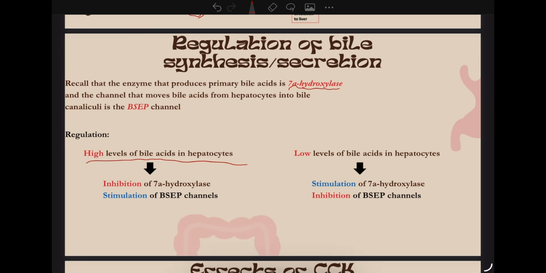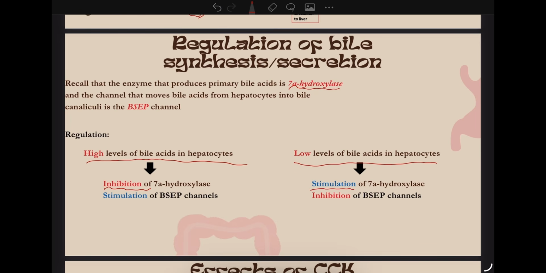By this enzyme, right? That took cholesterol and turned it into primary bile acids. So what will happen to this enzyme? It will be inhibited because we already have a high amount of bile acids, right? So you don't want to make any more. It will be inhibited. What if you have low levels of bile acids? It will be stimulated. Makes sense.